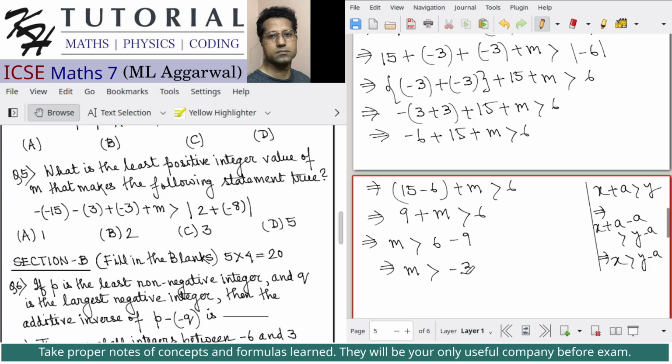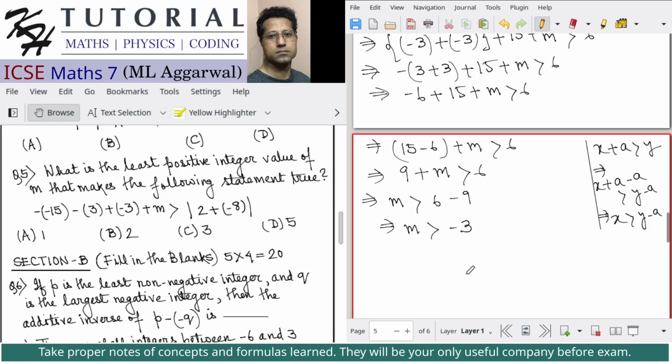So we got that m is greater than minus 3. Now since m is an integer, m greater than minus 3 means that the value of m can be greater than or equal to minus 2.